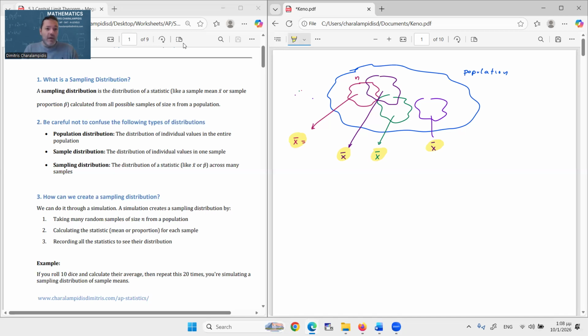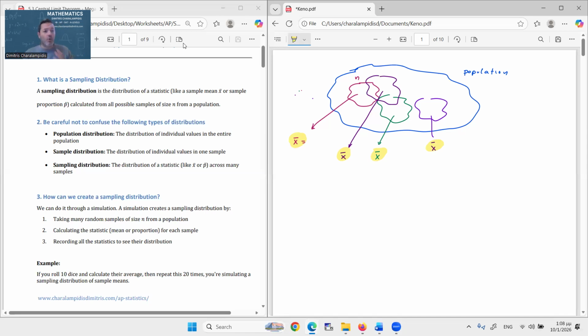Let's move on to the third part. How can we actually create a sampling distribution? I tried to visualize the process, and that's pretty much it. We need some simulations. In the first step, we take many random samples, all of the same size n. We wouldn't want to get a sample of size 10 and another of size 100 and a third of size 20.